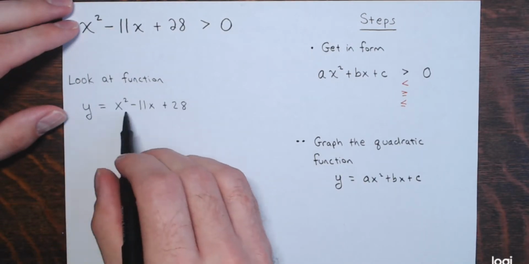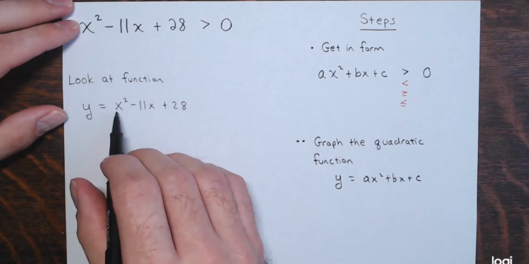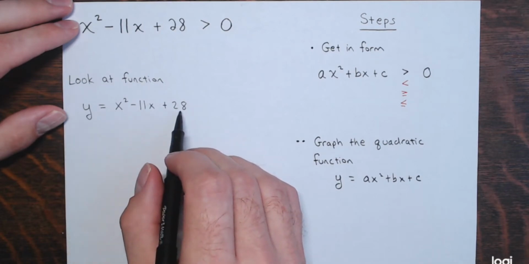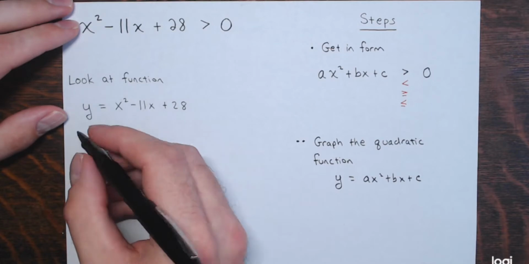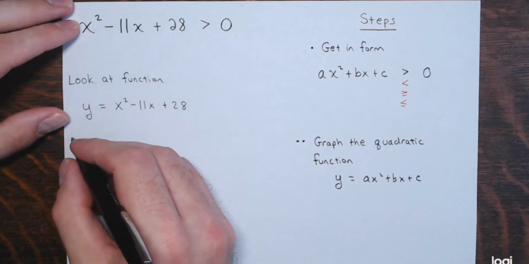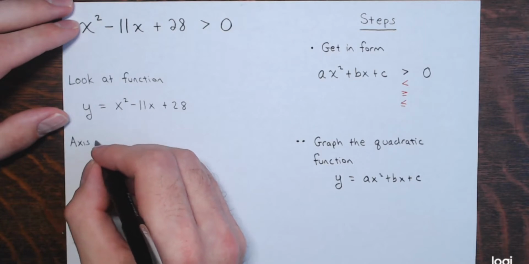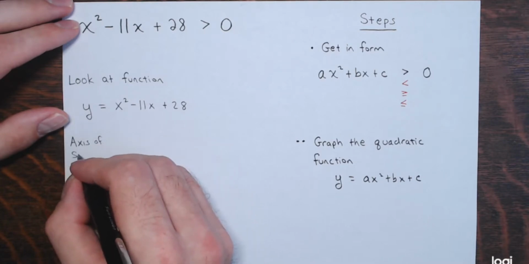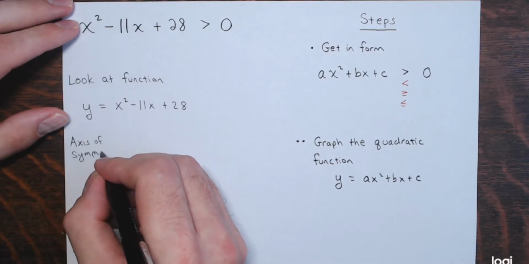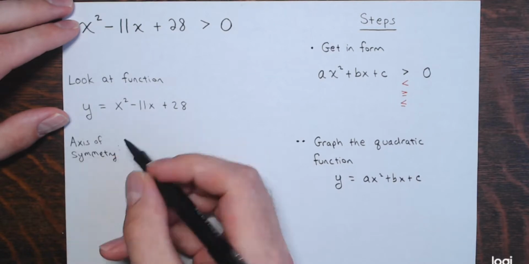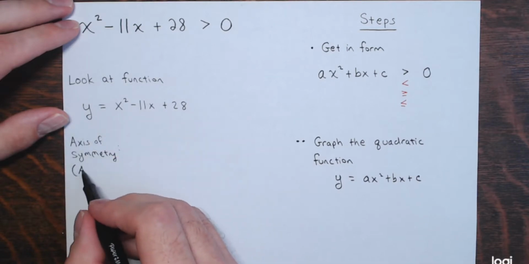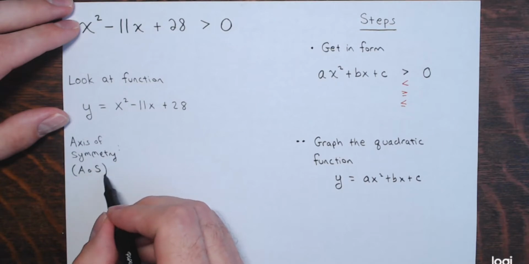First, make sure it was in that y equals ax squared plus bx plus c form, which it is. Then I found the axis of symmetry for the parabola, which I'll be abbreviating AOS for the rest of the video.